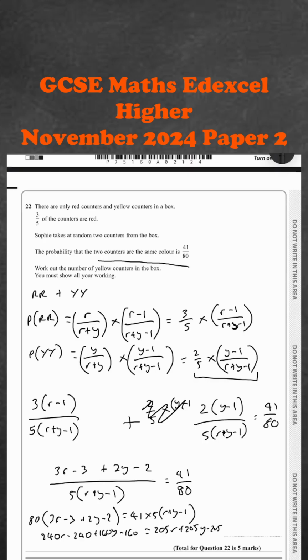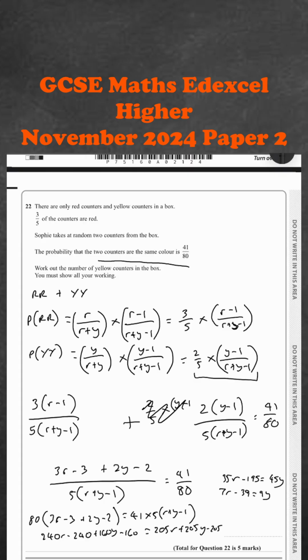Simplify all this. So we get 35r, minus 400 and then minus 205, so minus 195, equals 45y. Let's divide through by 5 to make this a lot easier. 7r minus 39 equals 9y.